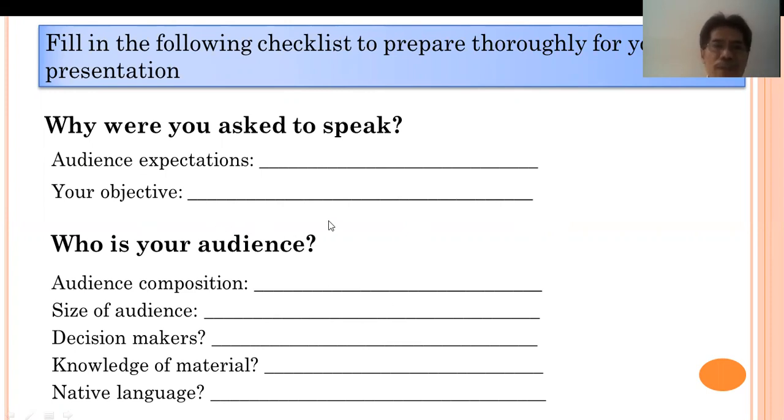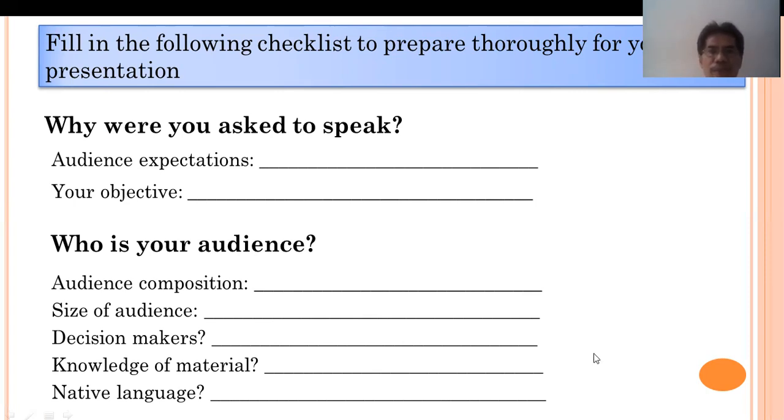And then what is your objective in having the presentation in that case? Then, who is your audience? Remember to check your audience before coming to your presentation. Consider the audience composition, the number of people who want to join, or the size of the audience, and who you think the decision makers involved in your presentation are.